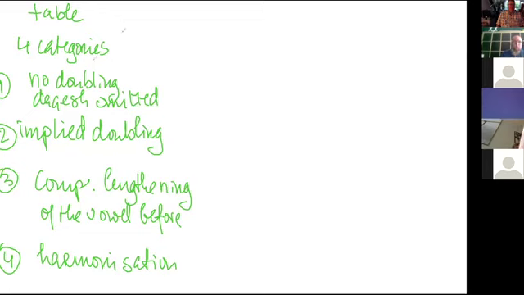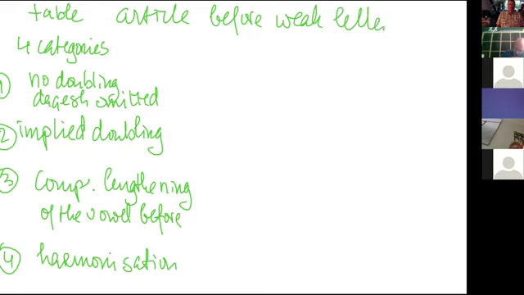There are 4 categories in the table for article before weak letters. Four categories. The dagesh is omitted, so you see no doubling. It just is, the dagesh is gone. In the second category, there is no dagesh in the word, but you assume it is there.